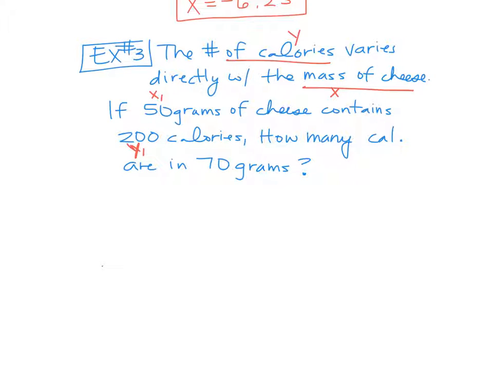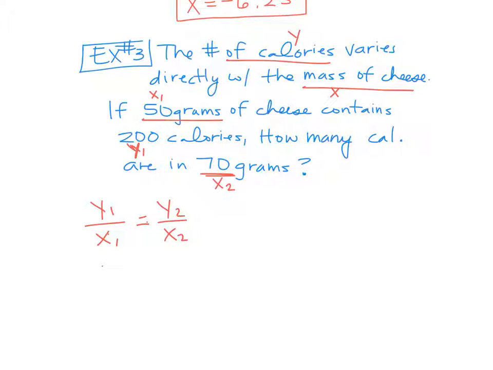Is this 70 your x2 or your y2? x2. It's grams, right? So 50 grams was your x1, 70 grams is your x2. So we're solving for our y2, okay? So it's y1 over x1 equals y2 over x2.